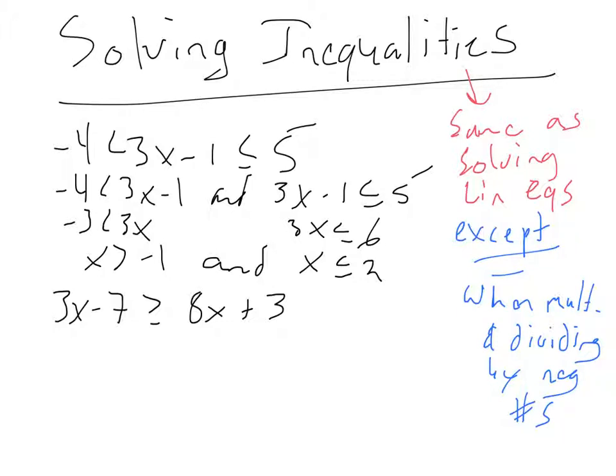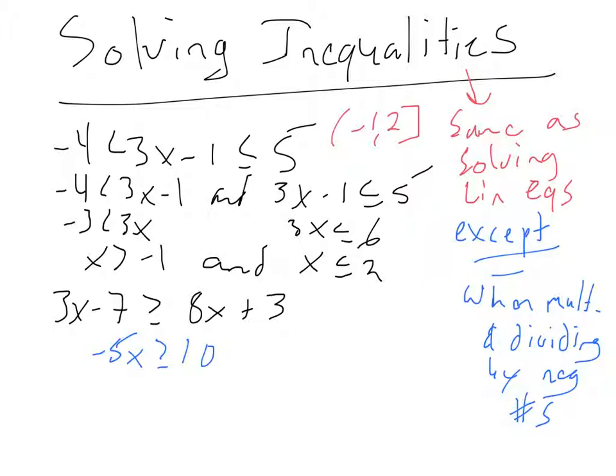And so I'll write it in interval notation up in the corner here. So negative 1 to 2, open parenthesis for negative 1, closed bracket for 2. Okay. And this other one down here, we want to go ahead and subtract the 8x from both sides. So we'll get negative 5x, and add the 7 so that we get is greater than or equal to 10.